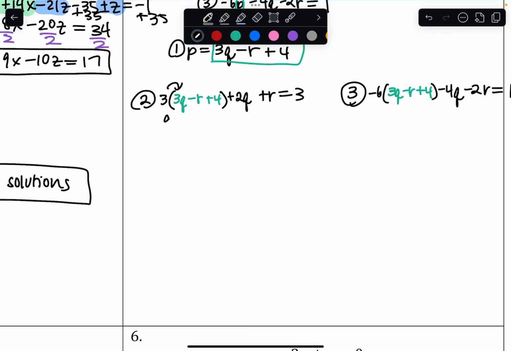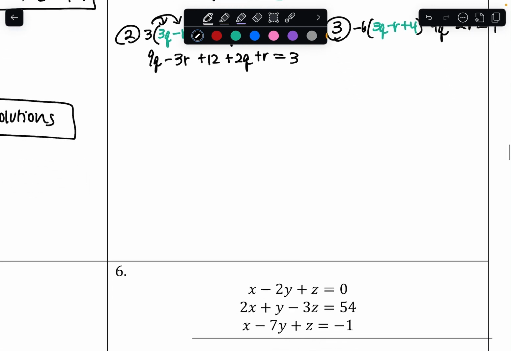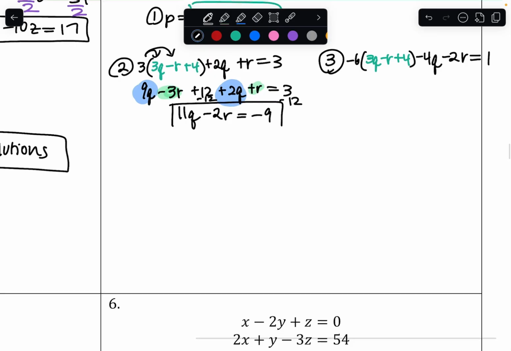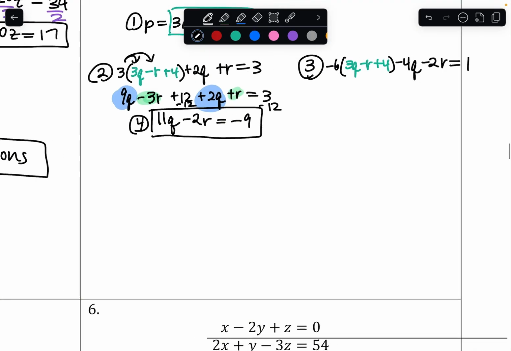Clean them up, so I get 9q minus 3r plus 12 plus 2q plus r equals 3. Combine your like terms. I've got 9q and 2q for 11q. I've got negative 3r and r for negative 2r. Subtract 12 equals negative 9. Nothing to simplify, so that's our equation 4.